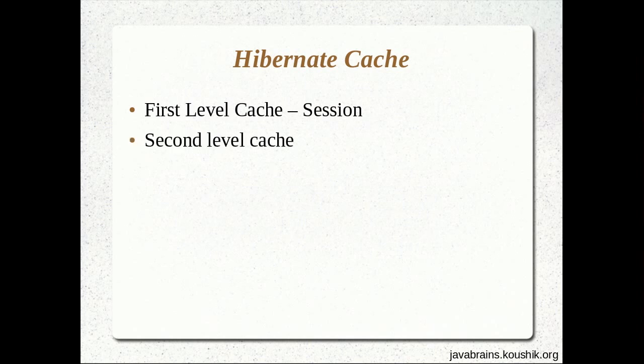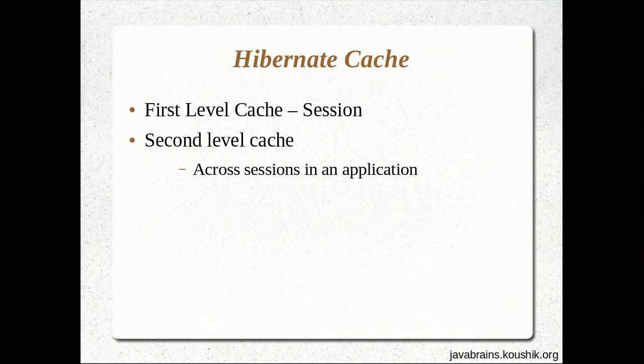The second level of cache can be implemented in different ways. One is across different sessions in an application, which addresses the problem of, hey, I closed the session, now the cache is lost. Say you open sessions at different points in the application, all those sessions will have individual first level caches, but then there is a second level of cache that applies across different sessions.